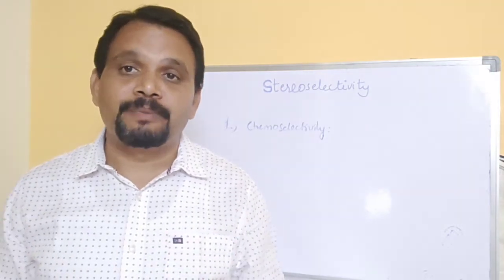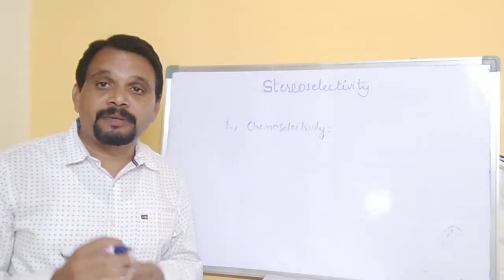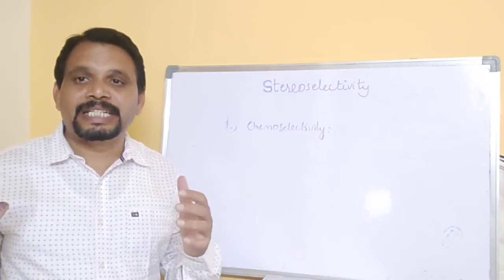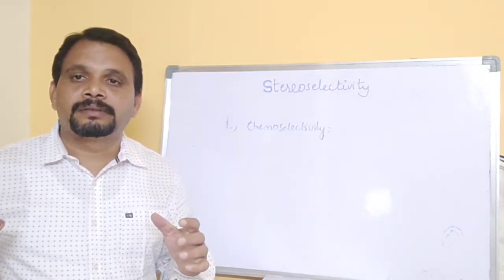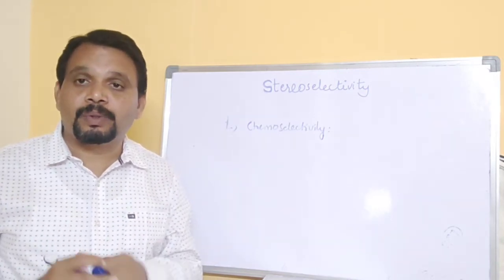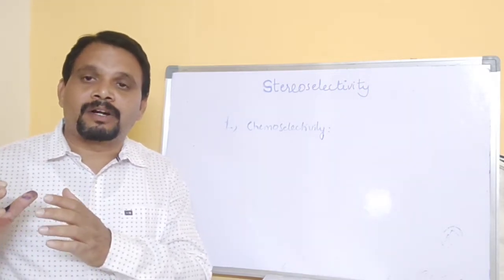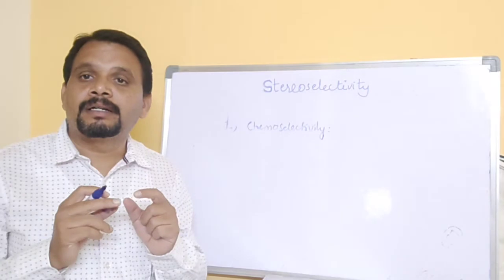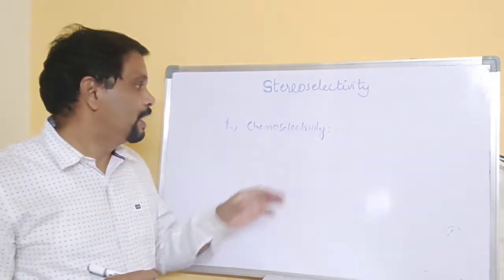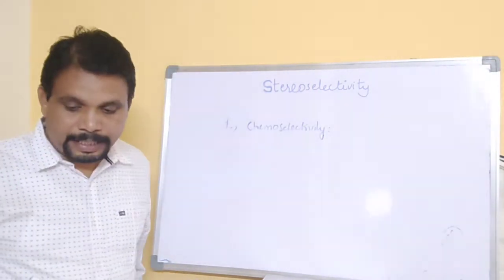Chemoselectivity is a chemical reaction that yields predominantly or exclusively one product over the other possible products by competitive attack on a functional group over the other functional group. So I'll give you an example on that.